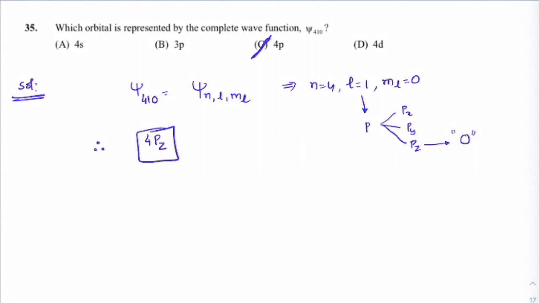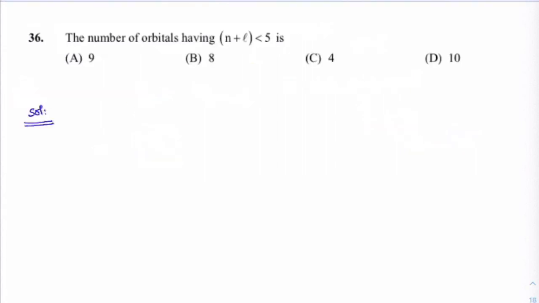Let's see this next question, which says number of orbitals having n plus l less than 5. So if n plus l has to be less than 5, what are the combinations I can make? n is equal to 4, l is equal to 0. n is equal to 3, l could be 1. n is equal to 2, when n is equal to 2, l cannot be equal to 2, this doesn't exist.